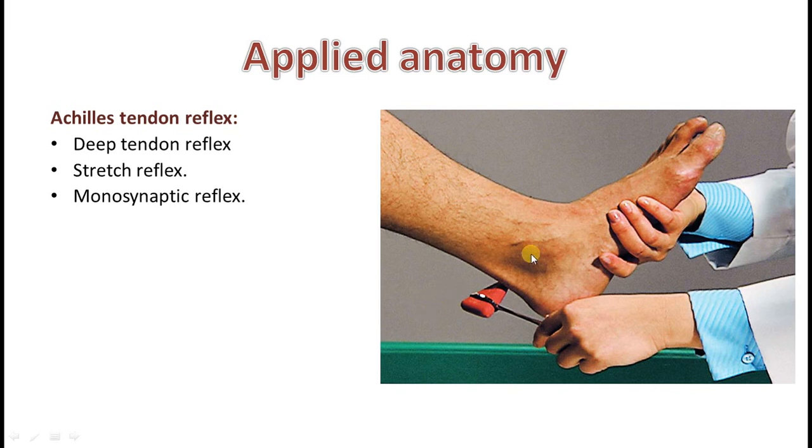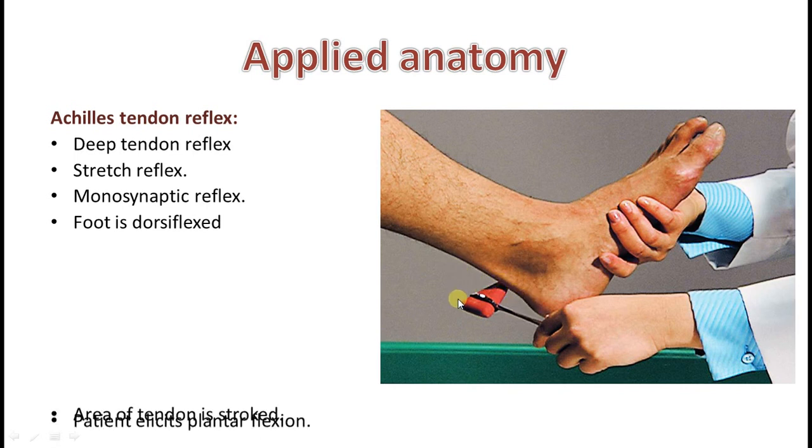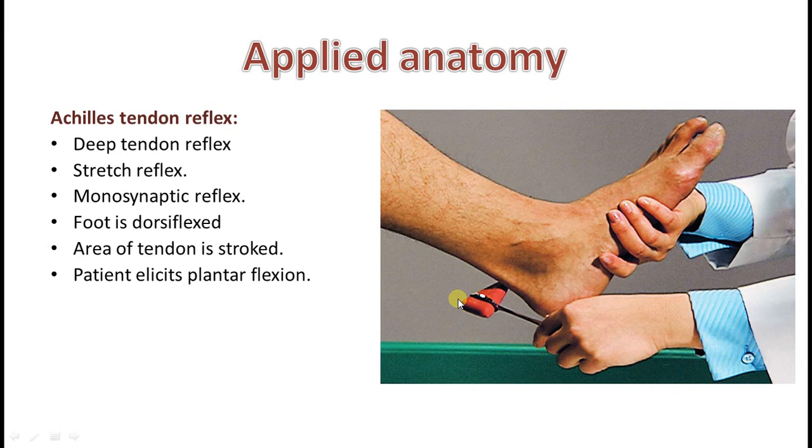First you dorsiflex the foot, then you stroke the Achilles tendon with the knee hammer. Immediately the patient will plantar flex the foot at the ankle. Then the reflex is normal, which tests the integrity of the nerve supply of these muscles.